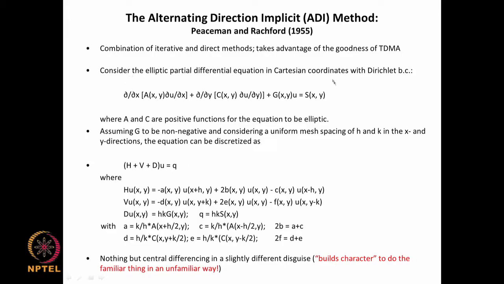Essentially what we are using is central differencing here, and so this becomes u at i plus 1, and that is what this is, x plus h. h is delta x, and k is delta y. It is just an unfamiliar notation, and one would say that it is nothing but central differencing in a slightly different disguise.